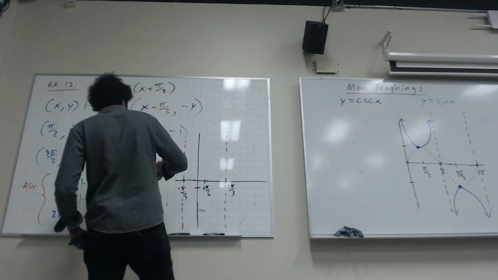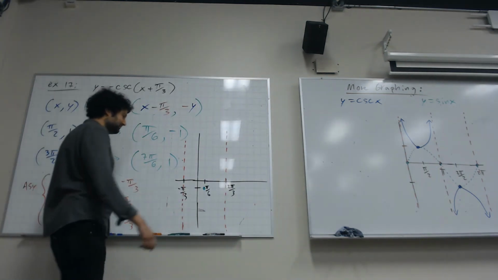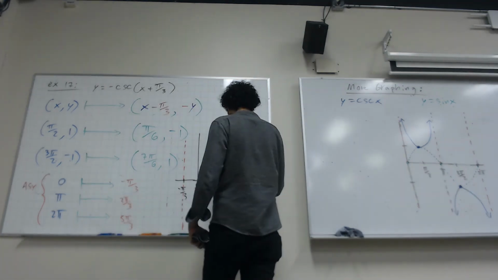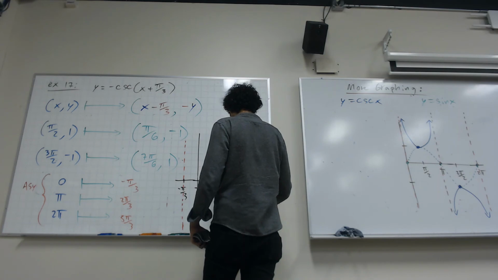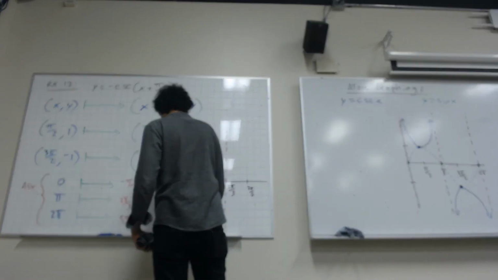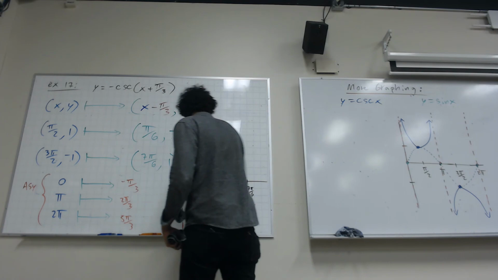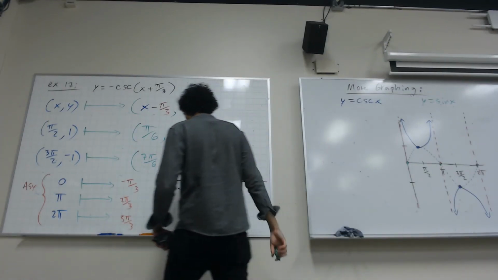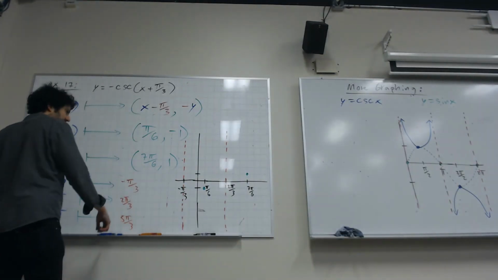Followed by point 7 pi over 6, 1, followed by asymptote at 5 pi over 3.